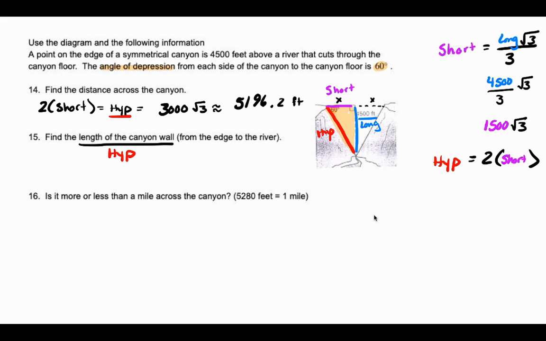So this is the same answer as the previous question. The length down the canyon wall is also 5,196.2 feet. If a mile is 5,280 feet, is the canyon more or less? Well, we're looking at a number that is less.